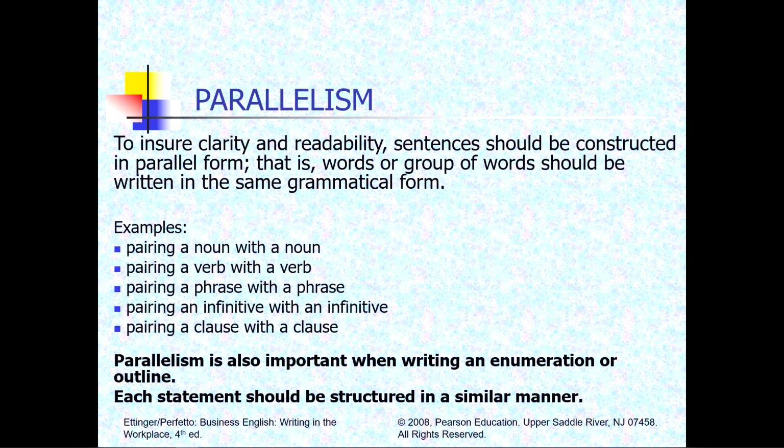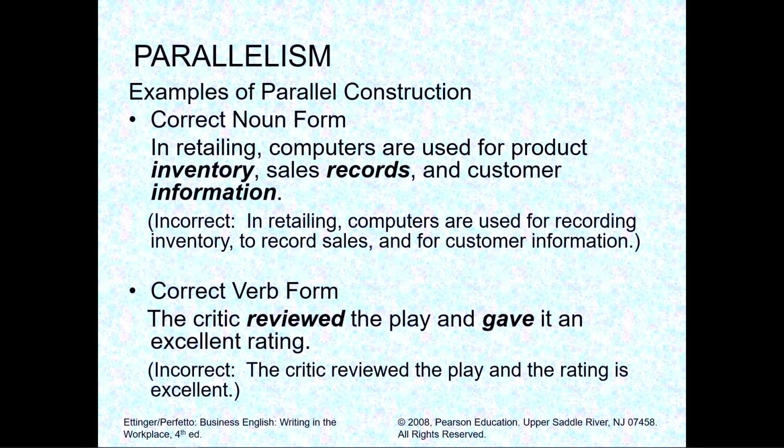Parallelism is also important when writing an enumeration or outline. Each statement should be structured in a similar manner. Okay, very quickly, here are some examples. Examples of parallel construction: correct noun form, right? In retailing, comma, computers are used for product inventory, sales records, and customer information, right?